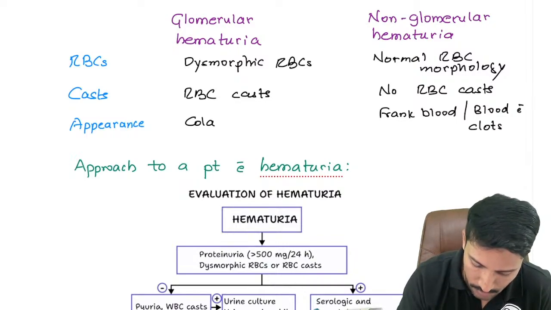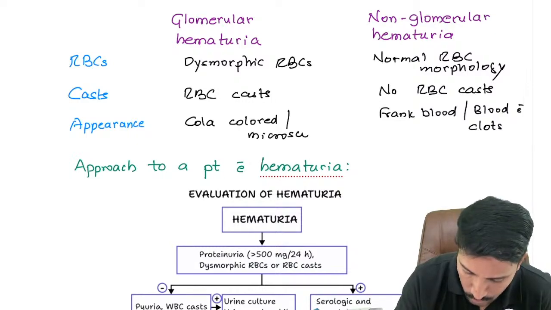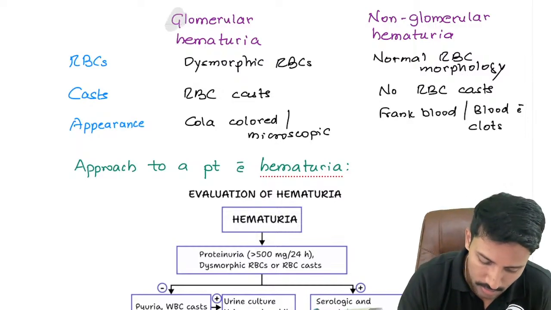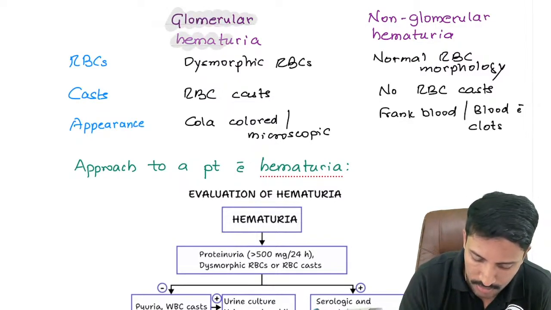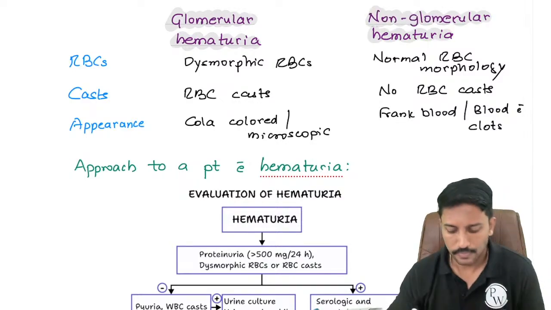So you may have cola colored urine, or the hematuria may be microscopic. These points you should write so that the examiner knows you know how to differentiate between glomerular and non-glomerular hematuria.